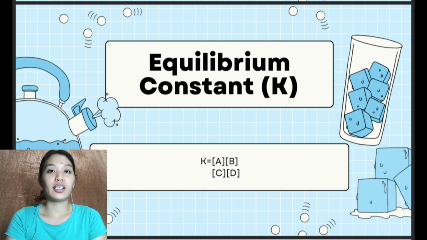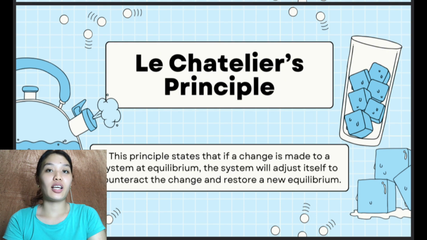So we have here applying Le Chatelier's principle, with which you are able to predict the effects of changes in concentration, temperature, and pressure on a system at equilibrium.